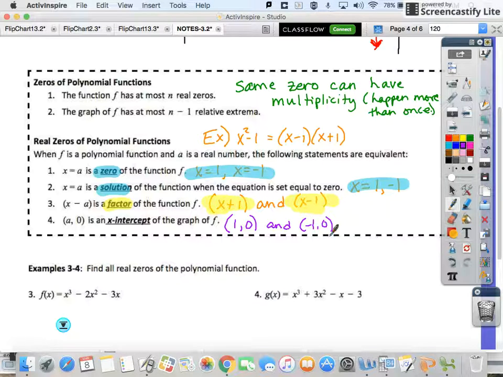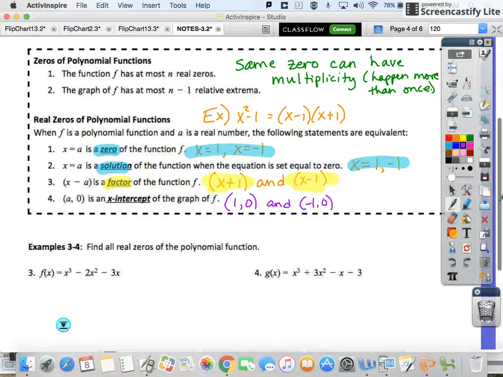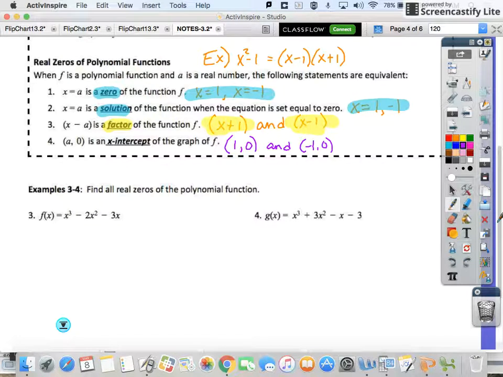Okay, those are your x-intercepts. So if they ask you for these various things about this polynomial, these are what you would write. Zeros look like this, solutions look like this, factors look like these, and x-intercepts look like coordinates like that.